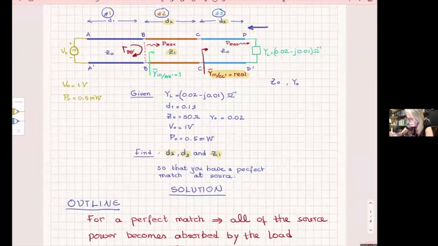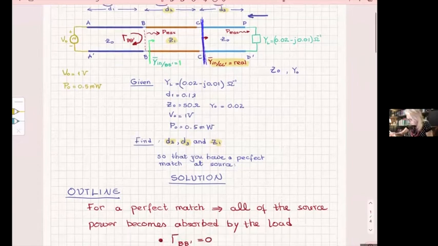I have to stop at CC prime here, at the point where my input admittance at CC prime is real, or my input impedance at CC prime is real. Either of the two, all right? If one is real, then the other is going to be real because one is the inverse of the other. Okay, that's what I need to remember.